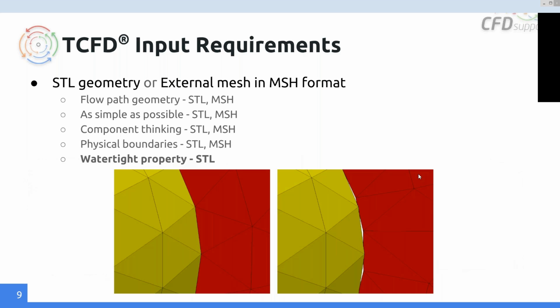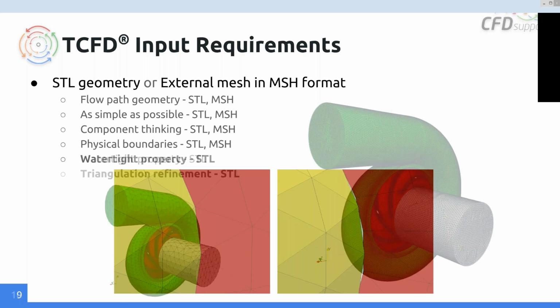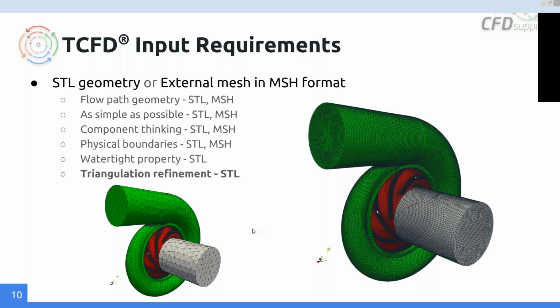And of course the watertight property, because the meshing tool needs the geometry to be watertight, or at least the holes must be really tiny, to generate the computational mesh properly. Then the triangulation refinement, which is a discretization of the continuous CAD geometry.